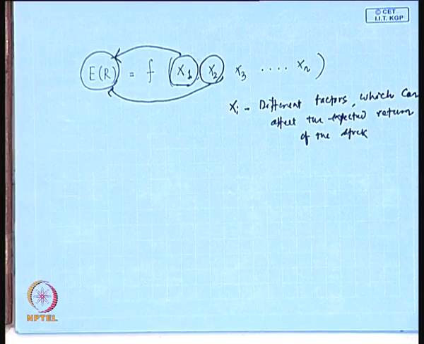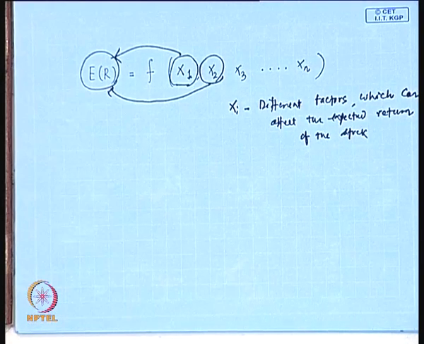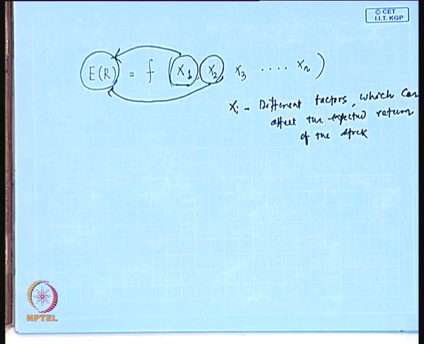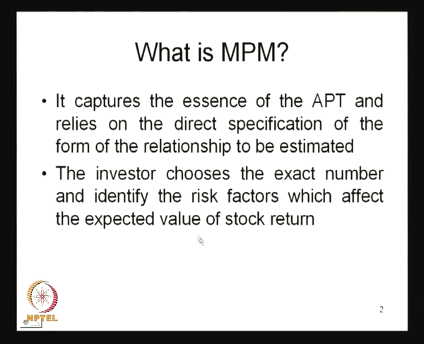Then the other thing is that the investor chooses the exact number and identifies the risk factors which affect the expected value of the stock return. That means the investor basically chooses the exact number, but the arbitrage pricing theory was not explaining the exact number. The arbitrage pricing theory was talking about k factors, but how many factors there really were, what this k represents, was not explained by the arbitrage pricing theory.